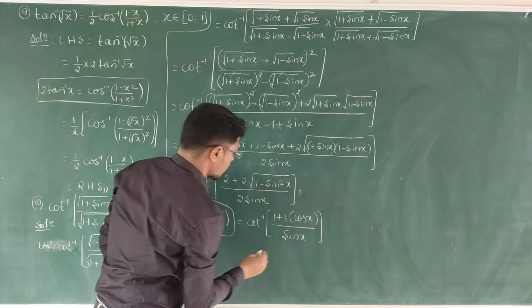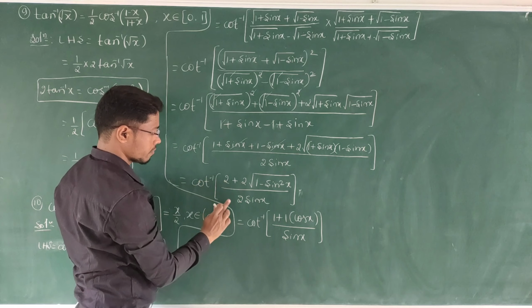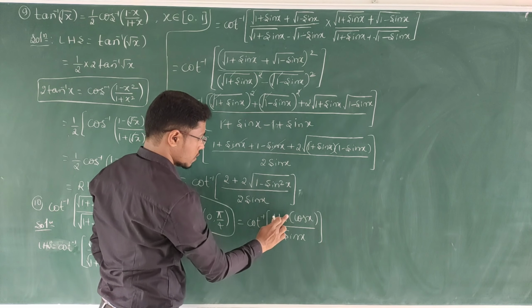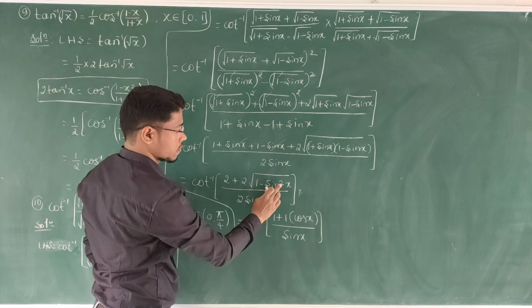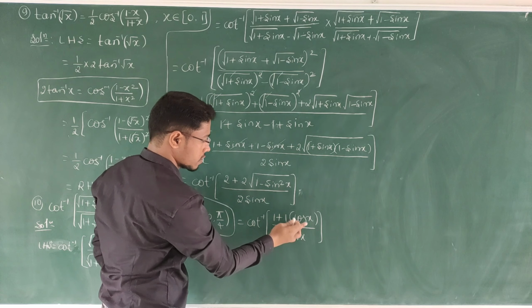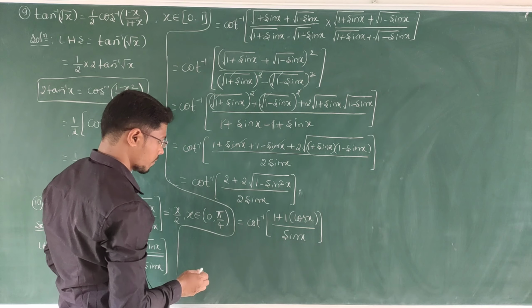So already I cancelled 2, taking 2 common from these two, remaining 1 plus cos x divided by sin x.